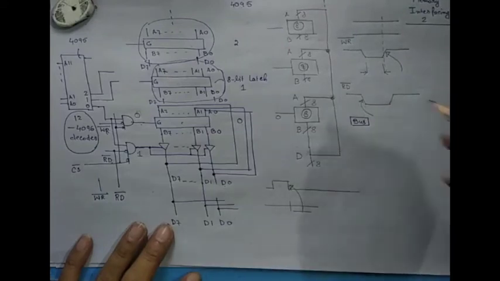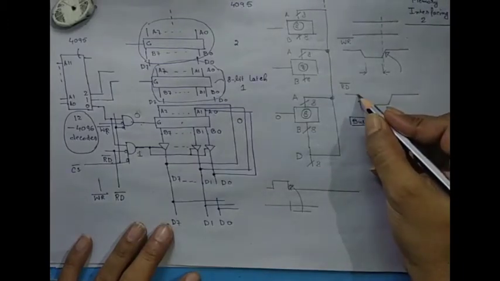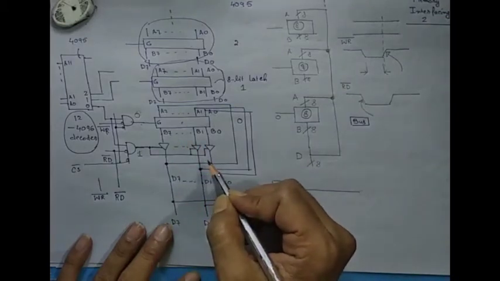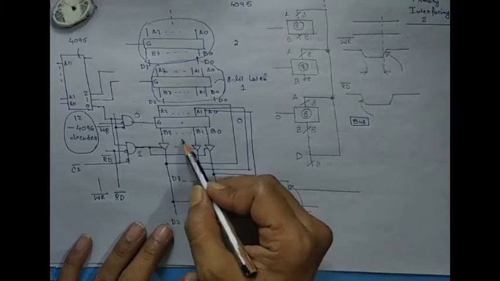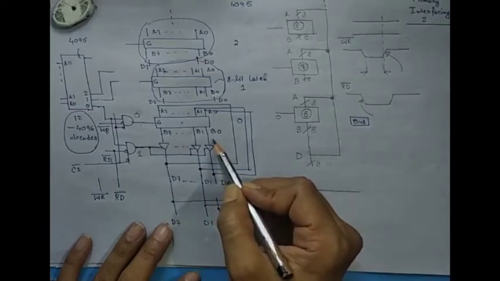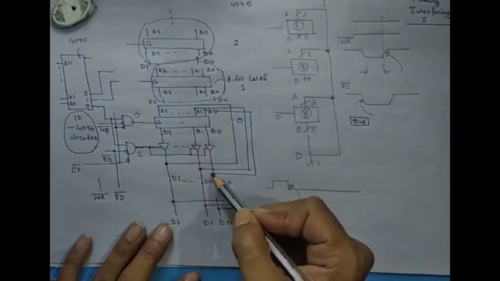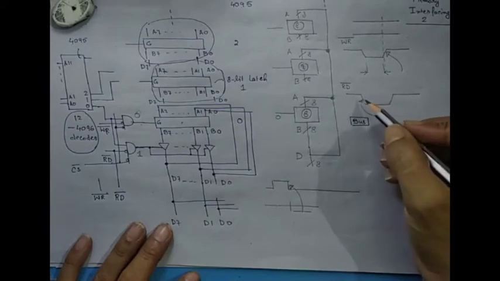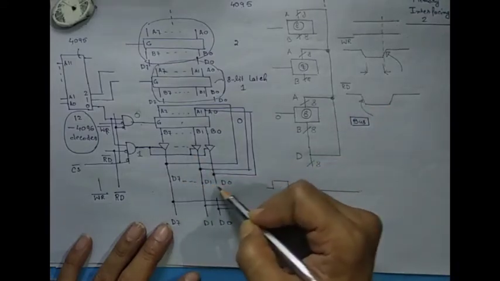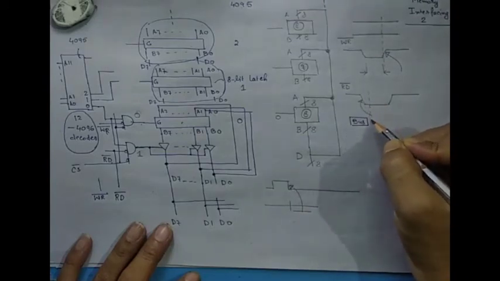But we can understand that when read bar goes to logic 0 from logic 1, the selected location will be enabled for reading, and the output lines of the latch inside the RAM for that location will get connected with the data lines, but the data bits will appear on the data lines after some time, say after this much amount of time.